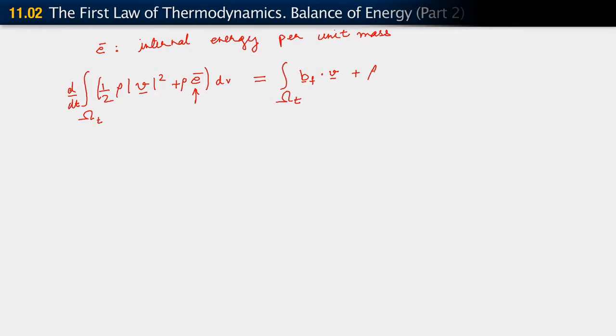You may have distributed through the body some heat sources. I should be careful about calling them internal heating; they really are external supplies of heat, but they're distributed throughout the body. Let's denote that as R bar, where R bar is heat supply per unit mass. These are the contributions available at every point in the interior of the body. And then we have things happening along the boundaries.